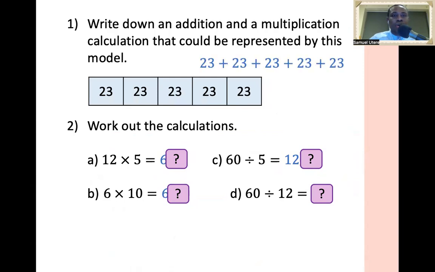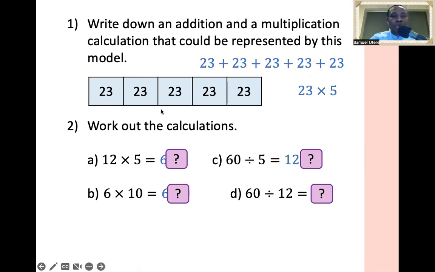For question 1, you were asked to write down an addition and a multiplication calculation that could be represented by this model. So the calculation could be 23 add 23 add 23 add 23 add 23. Next, the calculation could also be 23 times 5.